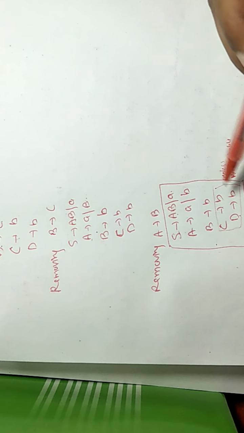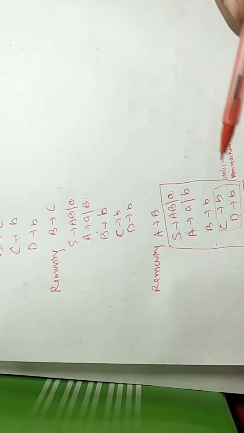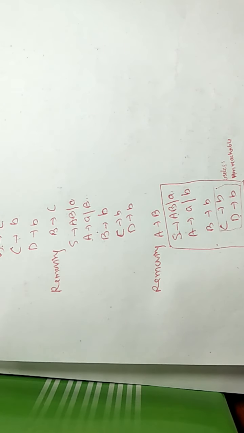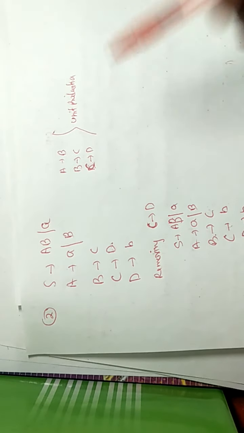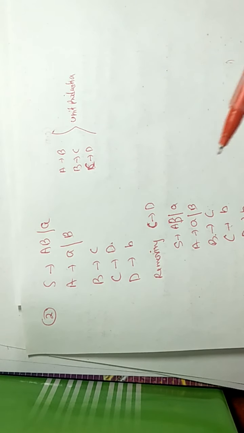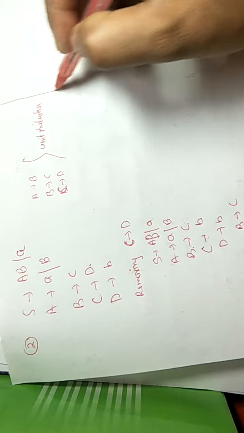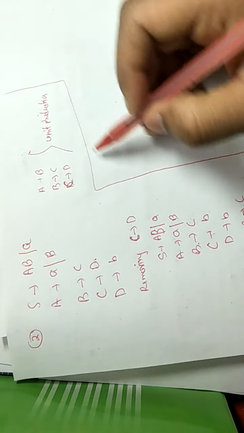We need not remove them in case of only removal of unit production, but in case of simplification we need to remove the useless production also. So there are high chances when we remove the unit production we may get useless productions.